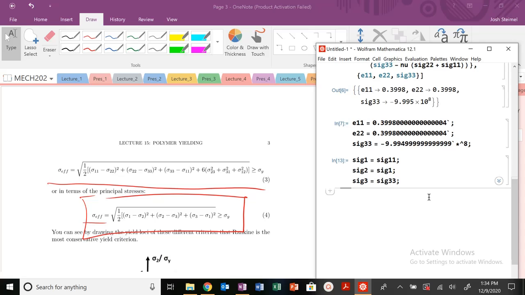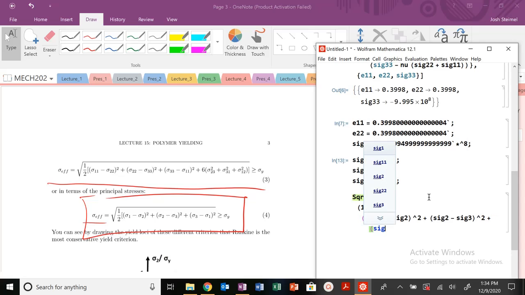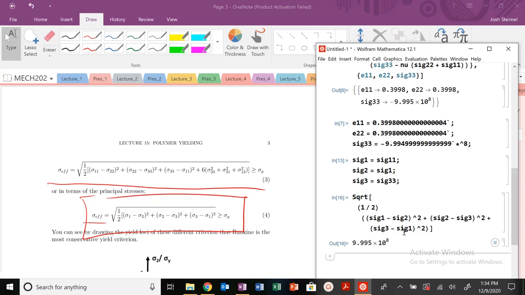So if I want to solve this out, square root of 1/2 times (sig 1 minus sig 2) squared plus (sig 2 minus sig 3) squared, and then plus (sig 3 minus sig 1) squared. And we can see we still get this value, so we're definitely going to yield.